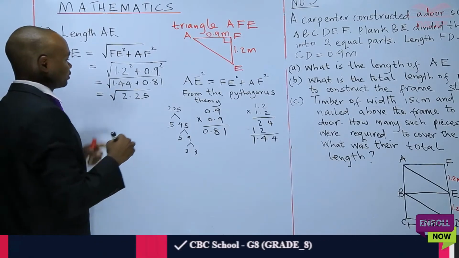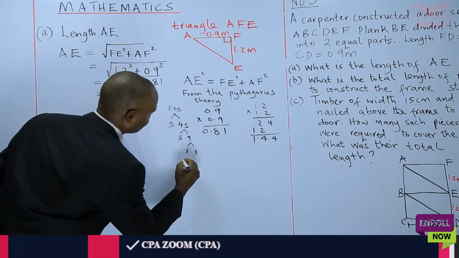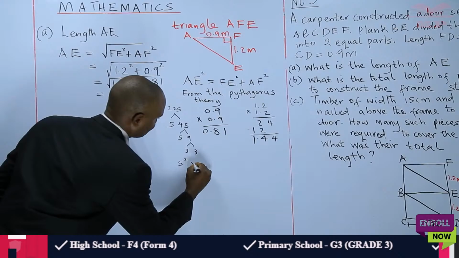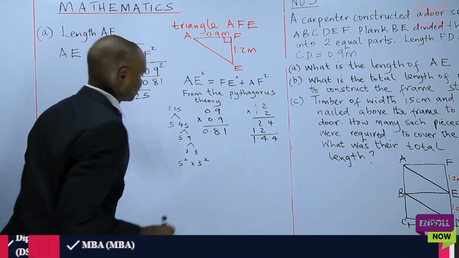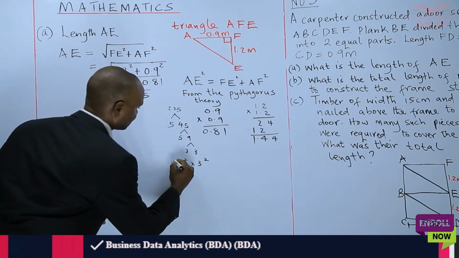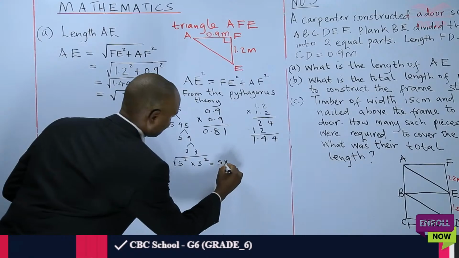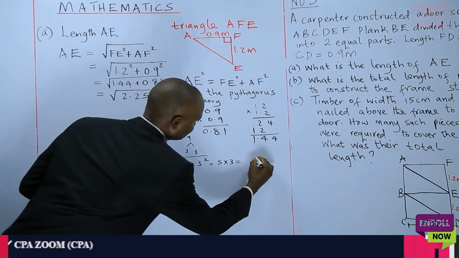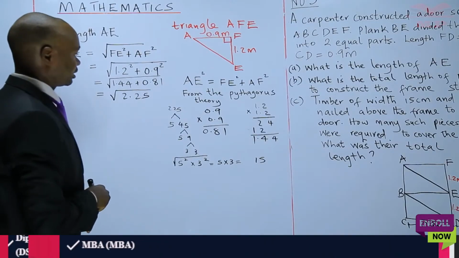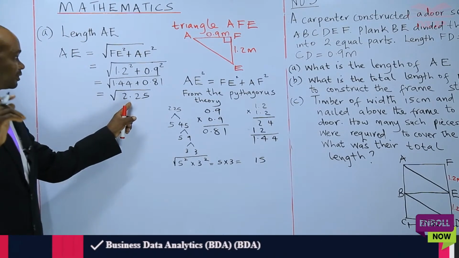So this will work out to 5 squared times 3 squared. If I get the square root of that, it will work out to 5 times 3, which will give me 15. But I said if you have that, the answer will have 1 decimal point.